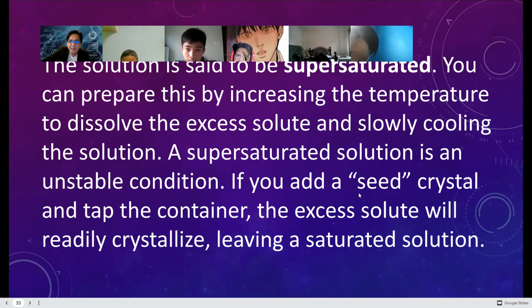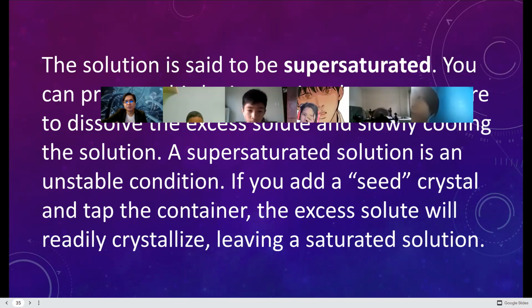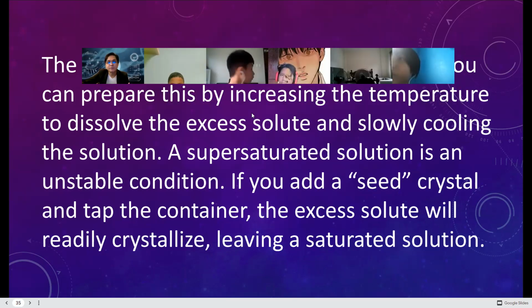Now, if you add acid or a crystal on the top of the container, the excess solute will readily crystallize, leaving the saturated solution. So if you're going to prepare a supersaturated solution, you need to heat up the liquid and add the solute to it.